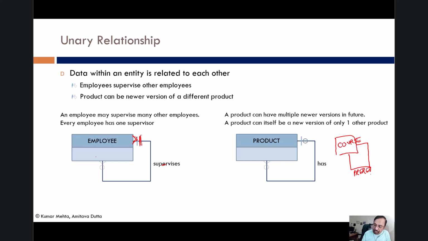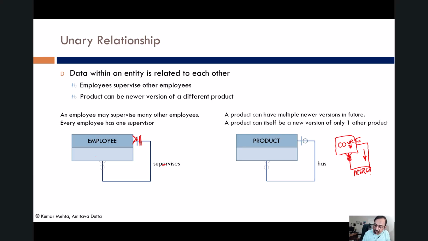So let's see how we would go in each direction. One course has at least 0 and at most many prerequisites. We all know that there are courses that don't have prerequisites.